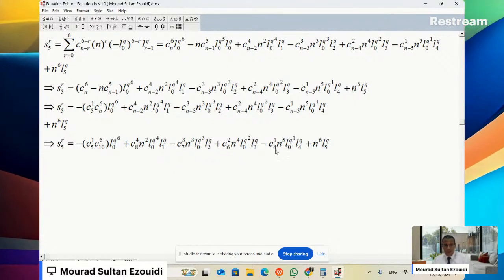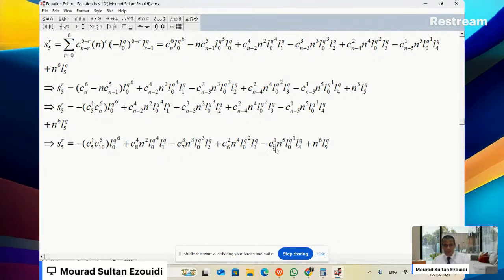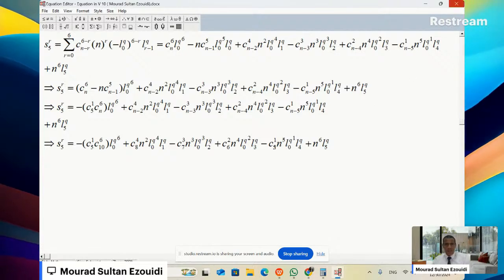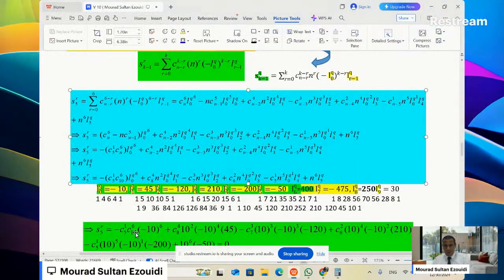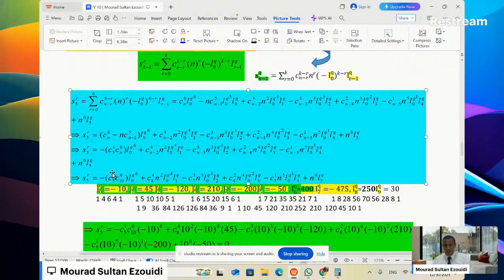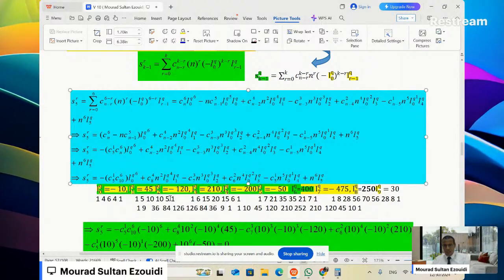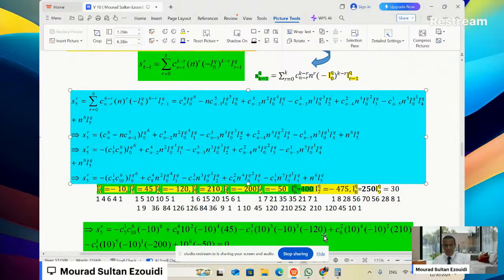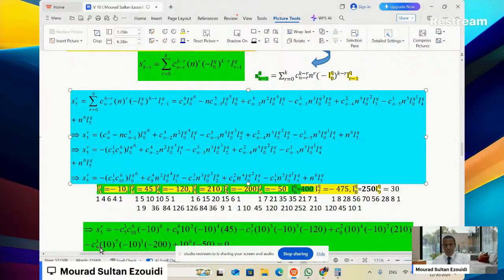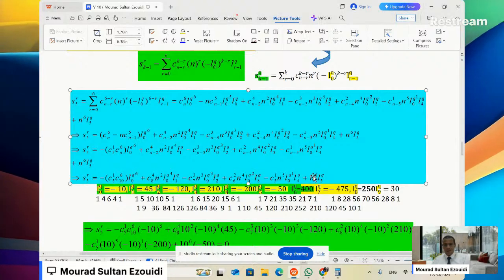Then this is 5. Okay, almost that. Now I will obtain this one to be the same as the negative combination 5 to 1, then 10 to 6, then 8 to 4, the same here, then 7 to 3, then 6 to 2, and the last one is 5 to 1.